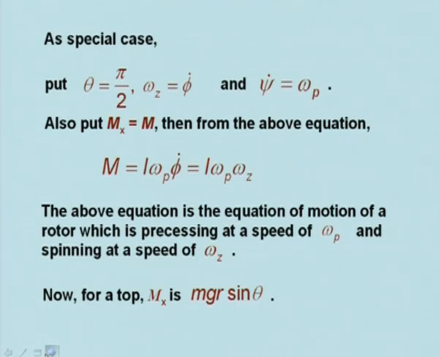As a special case, if we put theta is equal to pi by 2 and omega z is equal to phi dot and psi dot is equal to omega p, and we put Mx is equal to M, then from this equation we get M is equal to Iz omega p phi dot, that is Iz omega p into omega z. The above equation is the equation of motion of a rotor which is precessing at a speed of omega p and spinning at a speed of omega z.